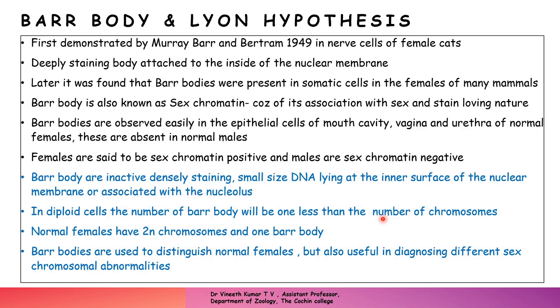It is called inactive because the genes of this particular chromosome are made inactive. They are transcriptionally inactive. They are condensed and also chemically modified. The chemical modification does not alter the DNA; it is on the proteins, the histones.